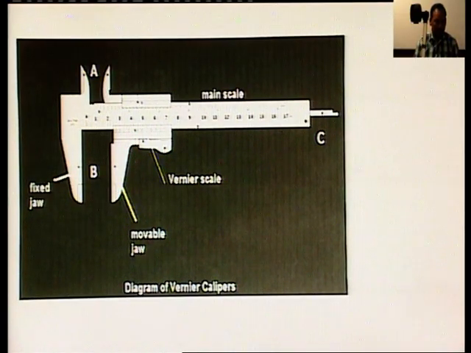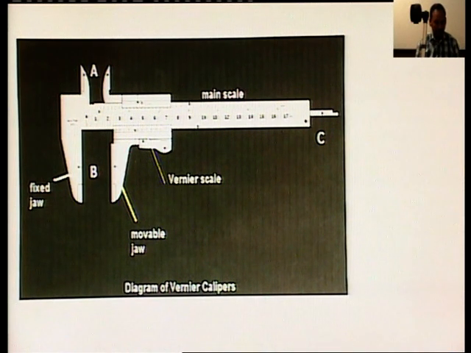The vernier scale is also called the sliding scale and it slides on the main scale which is fixed. There are two portions on a vernier caliper on which objects to be measured are kept.